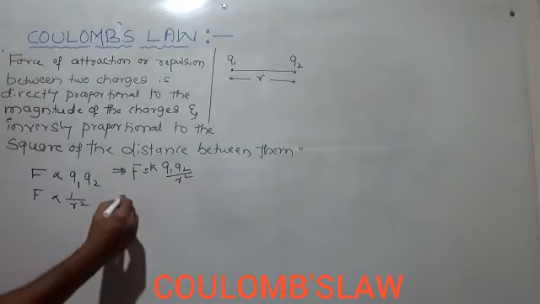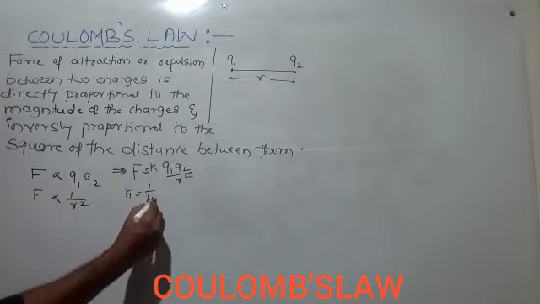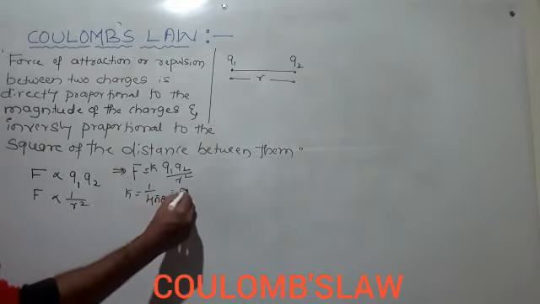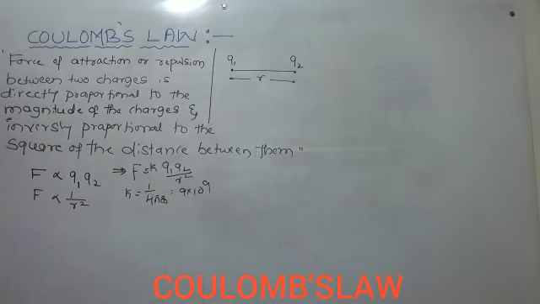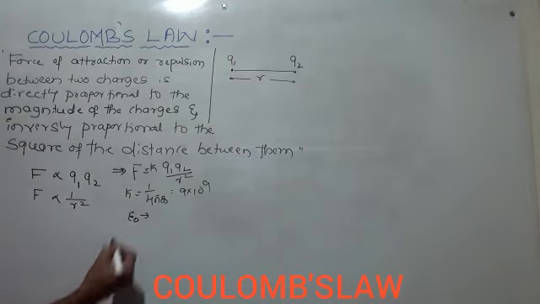Now this constant k is found to be 1 divided by 4 pi epsilon naught, that is equal to 9 into 10 raised to 9. Now here we got another new quantity, that is epsilon naught.